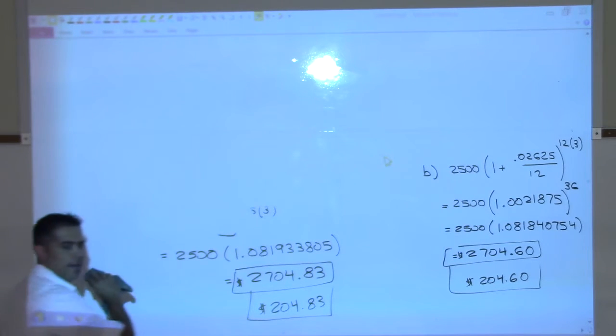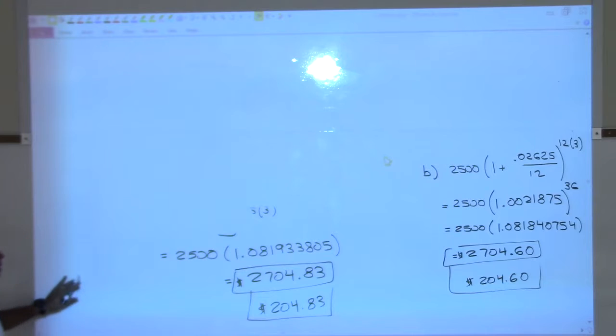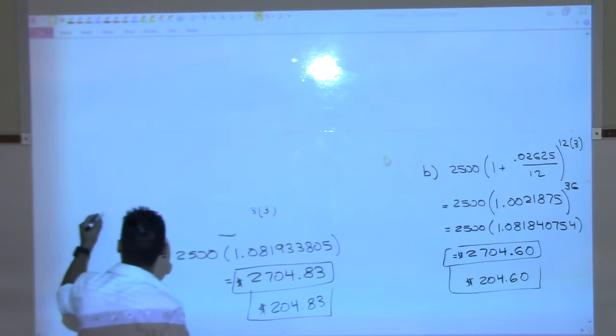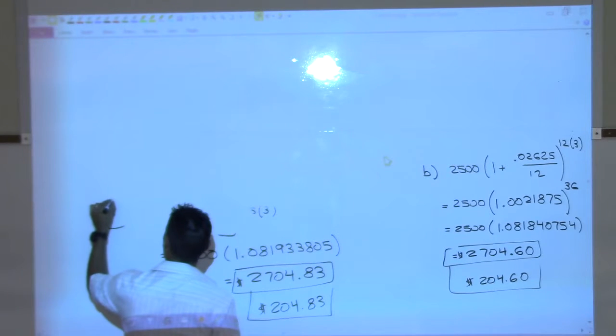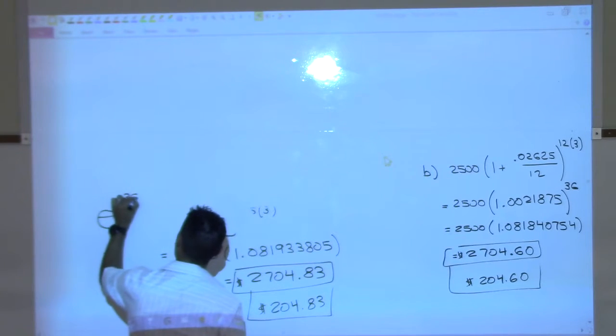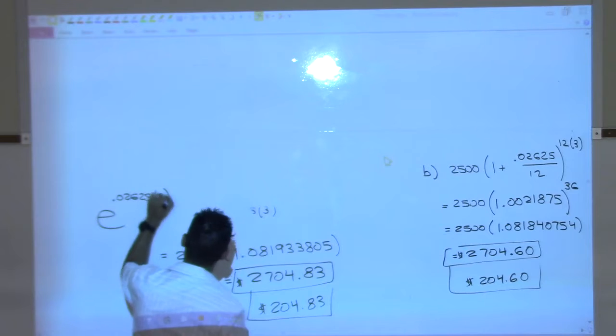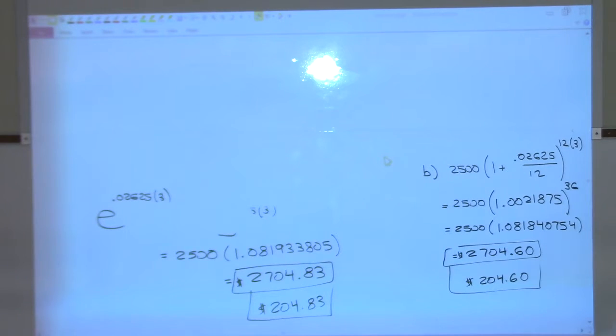Oh, can I erase that? Yes. I'm doing e raised to the 0.02625 times 3. So on your calculator, you got to bring up the E button. You know where that is? So E is above the ln. So you're going to hit the clear.